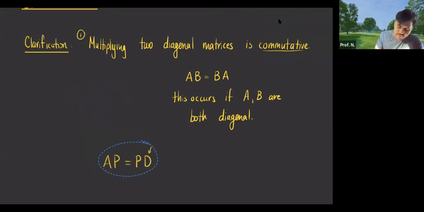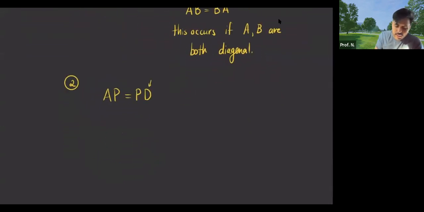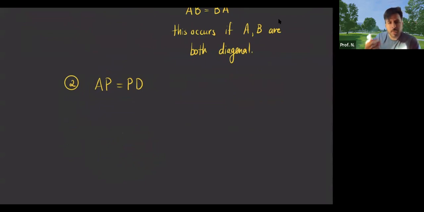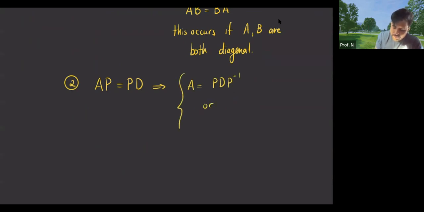The second thing was this equation, AP equals PD. I just briefly mentioned why this is an equation that we utilize, because eventually from here we find that A is equal to PDP inverse, or you can find that D is P inverse AP.